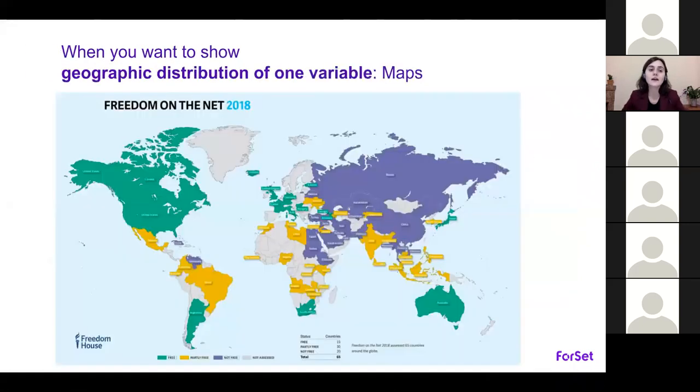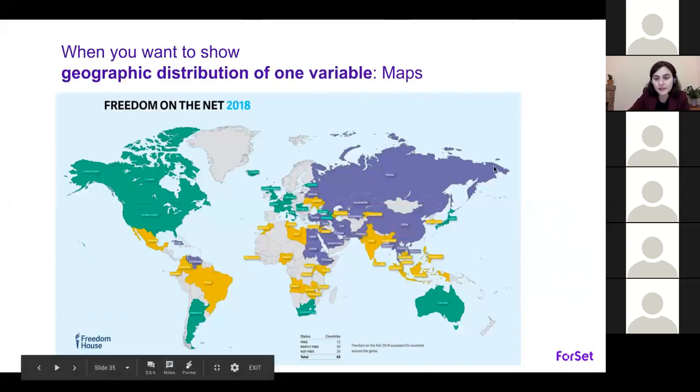Then come the maps. Maps are used to show the geographic distribution of a single or maybe even a few variables. In this case, we see the Freedom on the Net index for 2018, and here the map is a really good visualization because with one look, you can see how different geographic areas have the same color.